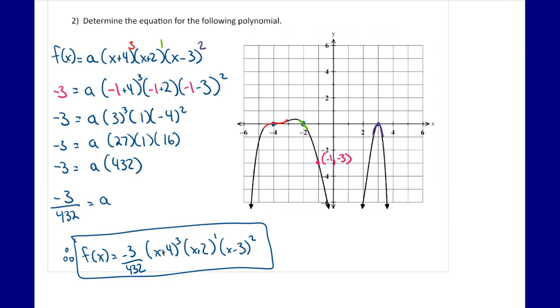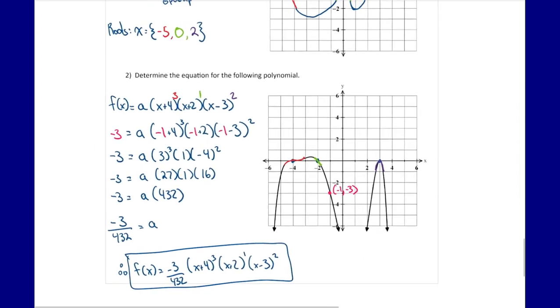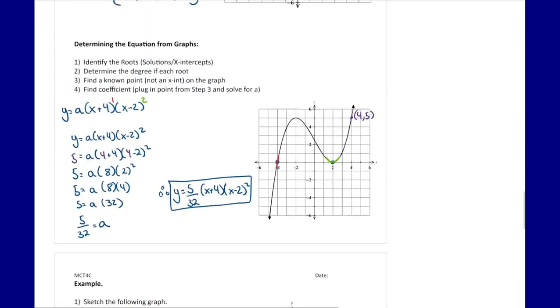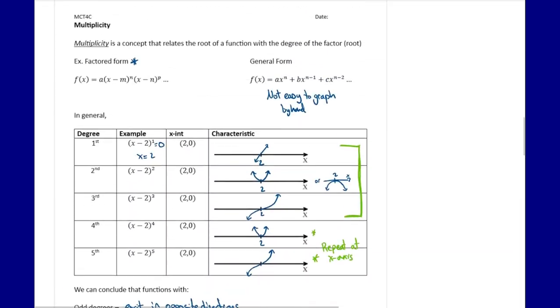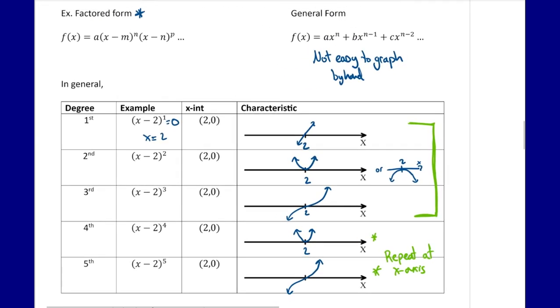So a lot to really digest because it is a lot of new information. The main thing that I would suggest focusing on, if you need to remember something, is the characteristics of each of the first 3 degrees, 1, 2, and 3, and then recognizing that it starts to repeat. So 4, 6, 8, 12, and so on, would have the same characteristics as a quadratic or degree 2.